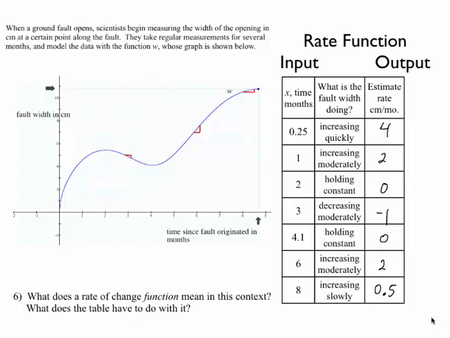Each point is a time in months and the corresponding rate of change, telling you how fast the width is changing. So a rate function gives you every rate of change for every time in months. This table is a representation of that for some of the points in time along the way.